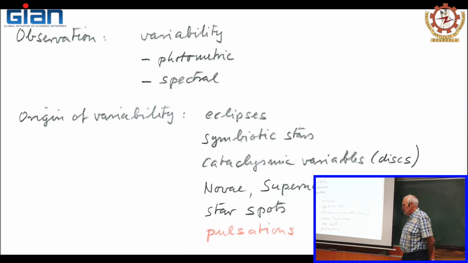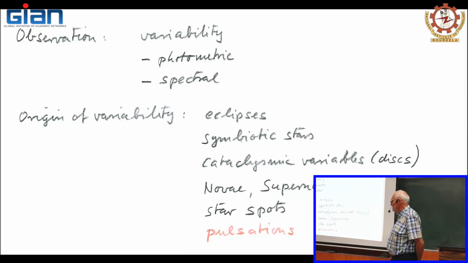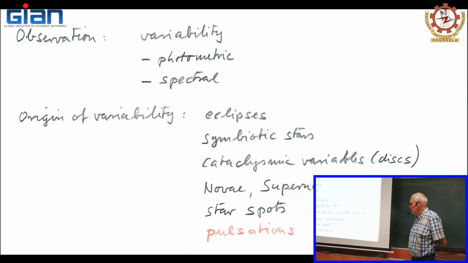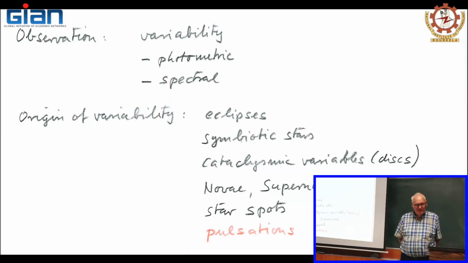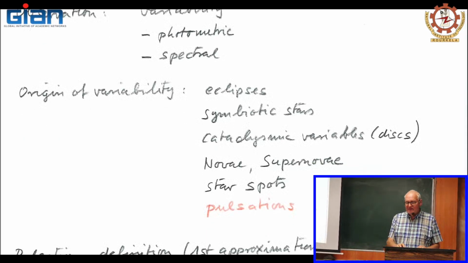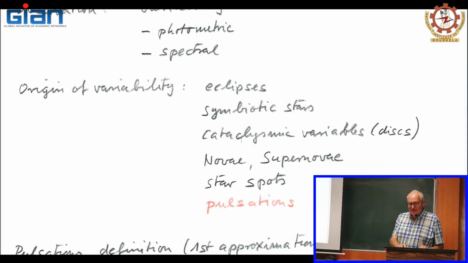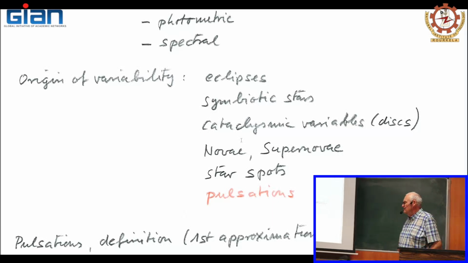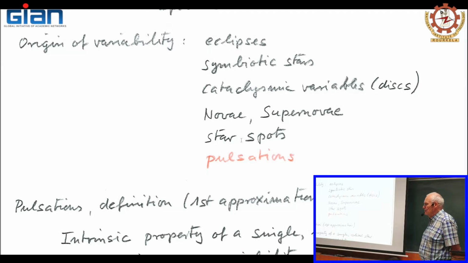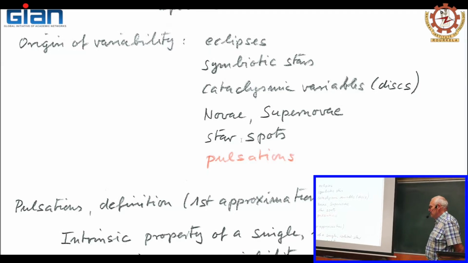These star spots require magnetic fields for their existence, so we will also exclude magnetic fields as the origin of stellar variability. So the last class of cause of variability are the pulsations, and these pulsations may be regarded as intrinsic properties of stars.